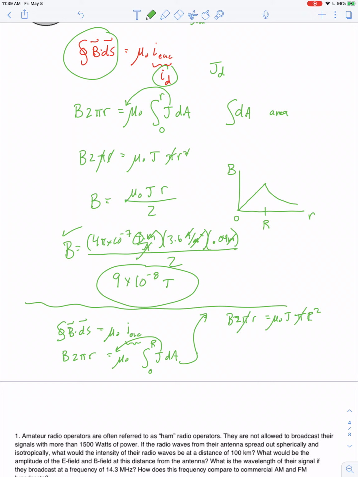So we can cancel out pi, and we have B equals mu naught j times capital R squared over 2 lowercase r. So it's 4 pi times 10 to the negative 7th times 3.6 times 0.05 squared divided by 2 times 0.08.